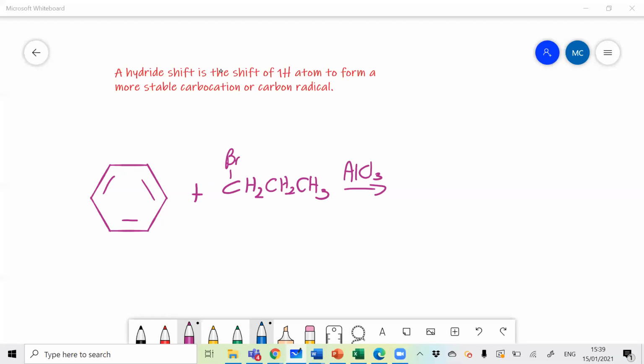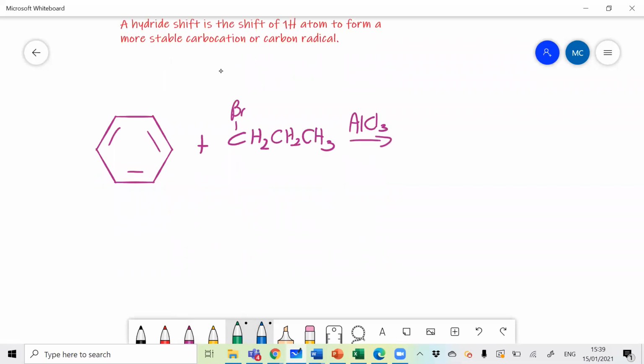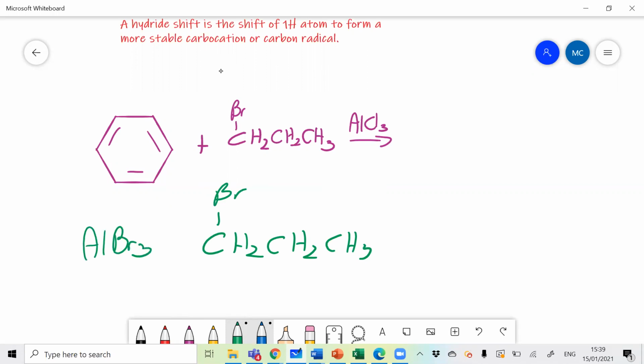So here, the first step is to form the electrophile, where you have CH2, CH2, CH3, and you have the bromine on the first carbon, plus AlBr3, or AlCl3. It will work with both, okay?